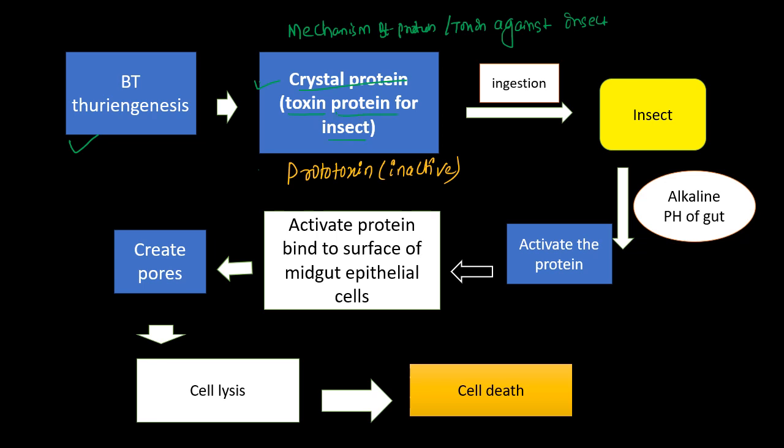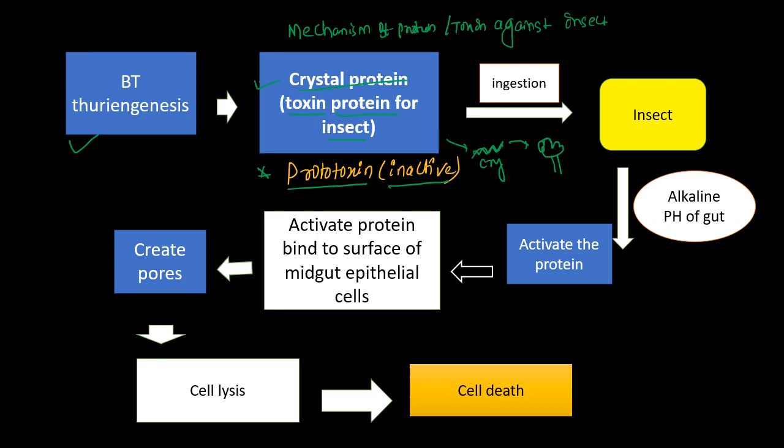Now this toxin is in the form of a prototoxin that is inactive, but I'm discussing the gene a little bit here. This gene is the cry gene or Bt gene. This gene is now transferred to the plant, and now this plant produces Bt protein.